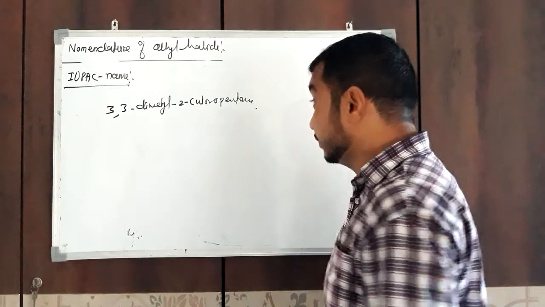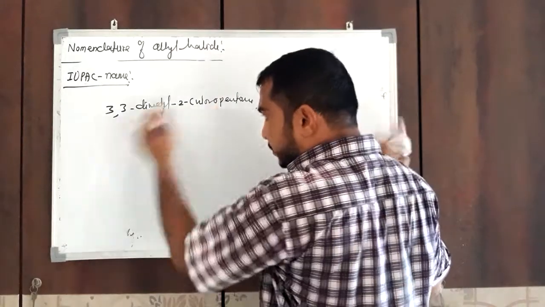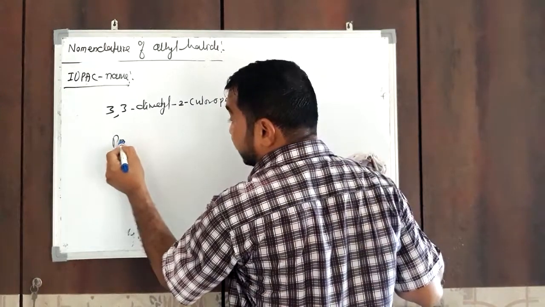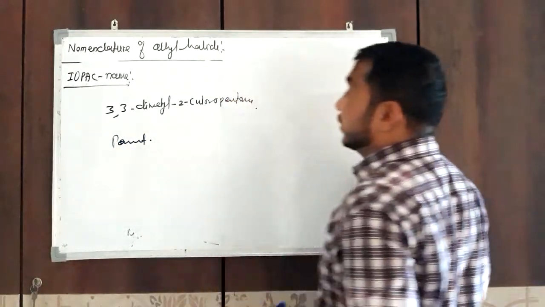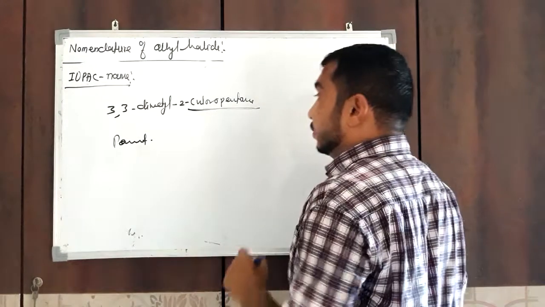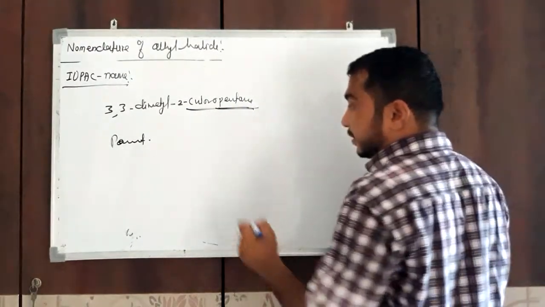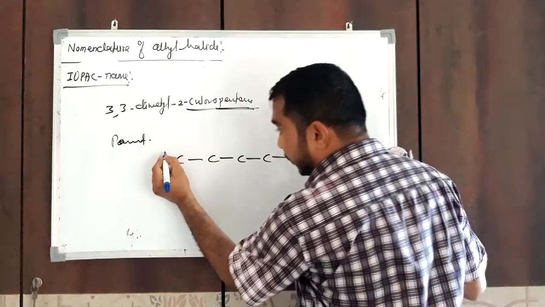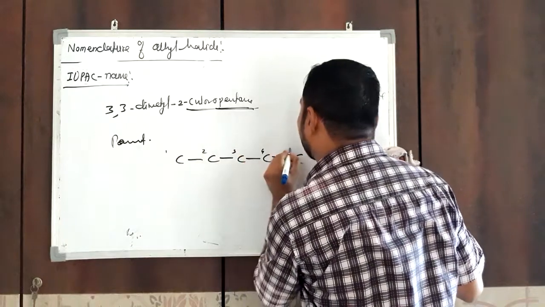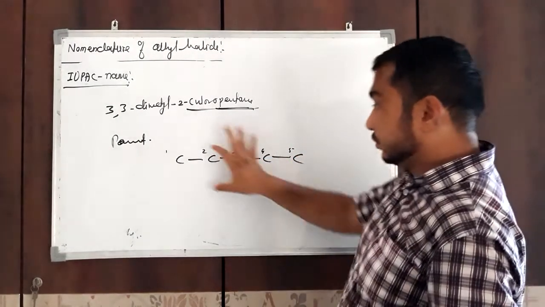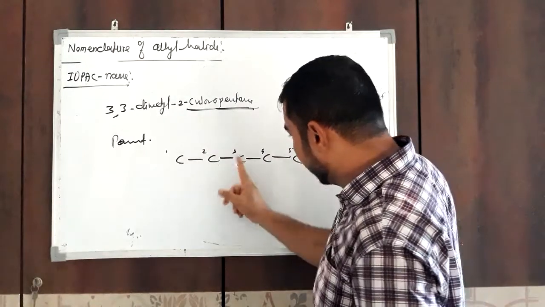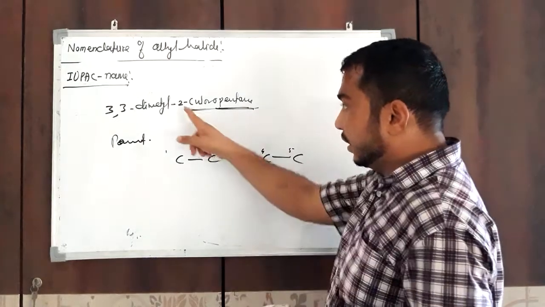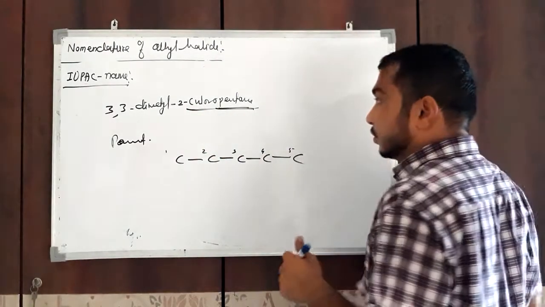How to draw the structure? In this name, the parent alkyl halide is chloropentane. Pentane means 5 carbon atoms. So draw a chain of 5 carbon atoms and first give numbering 1, 2, 3, 4, 5. The dimethyl is a substituent, and the position of chlorine is 2.